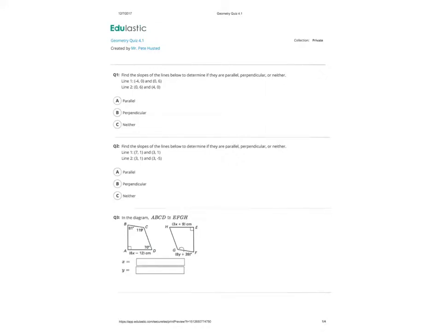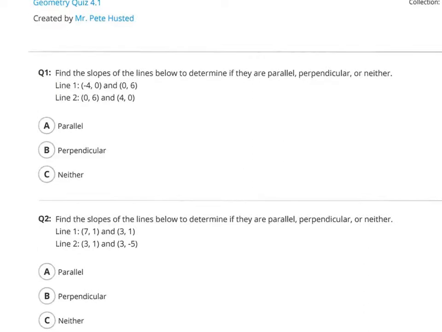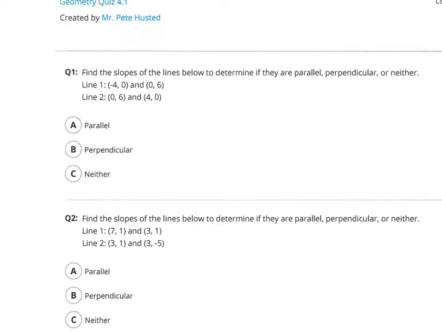This is the Chapter 4.1 quiz, so follow along and we'll get you through here. On number 1 right here, they want to know, for the two lines that they give you, if they're parallel, perpendicular, or neither.